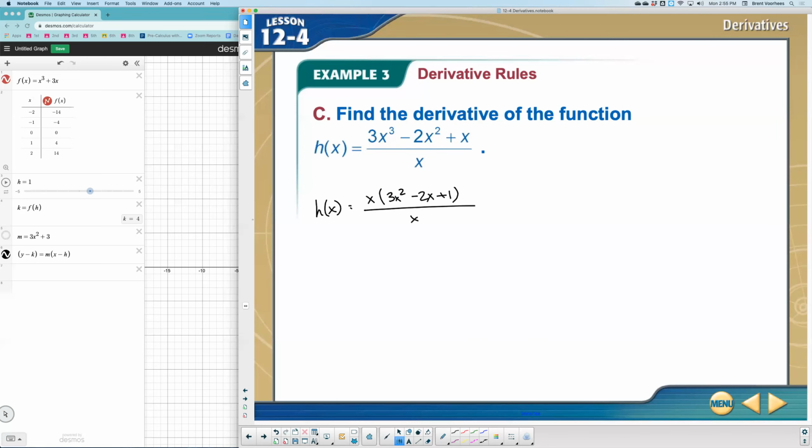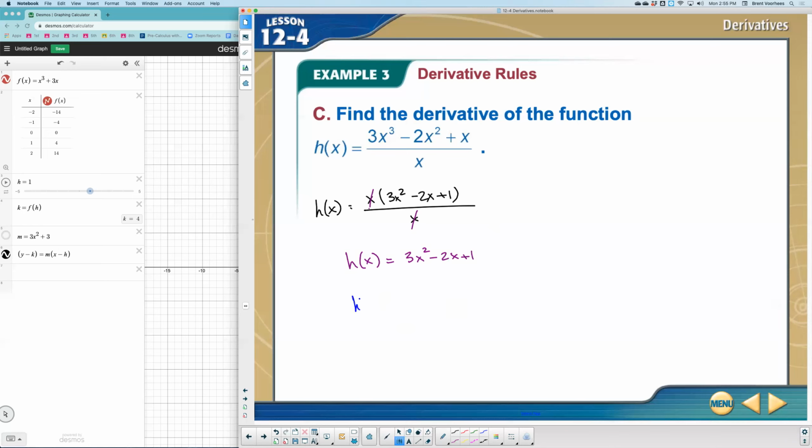All this divided by x. When I simplify, those disappear, which means I could have written h of x as being equal to 3x squared minus 2x plus 1.